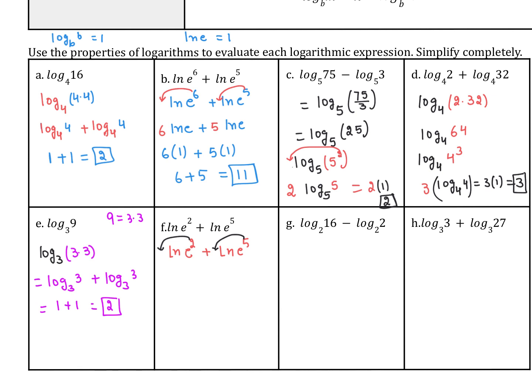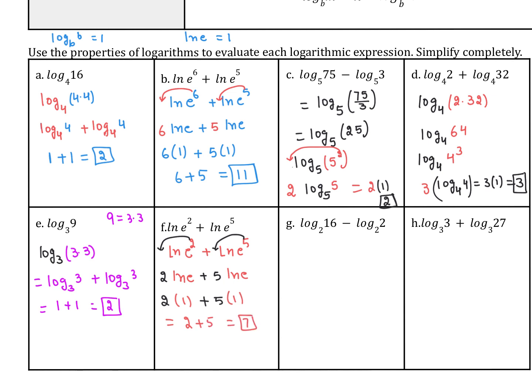So your answer is 2 ln e plus 5 ln e. And we know that ln e is always 1, because this is going to be log base e of e. So log base e of e is always 1. So you get 2 times 1 plus 5 times 1, and your answer is 2 plus 5, that is 7.